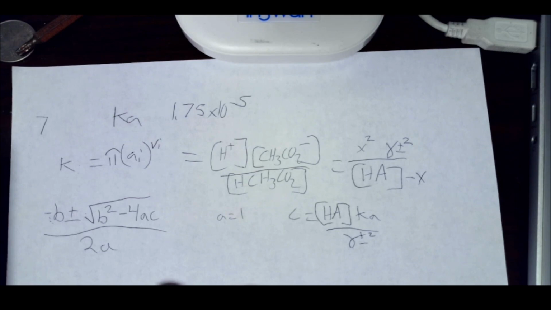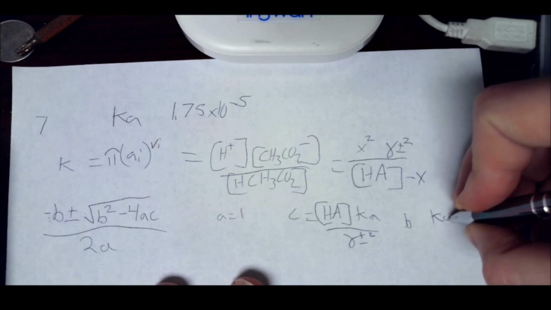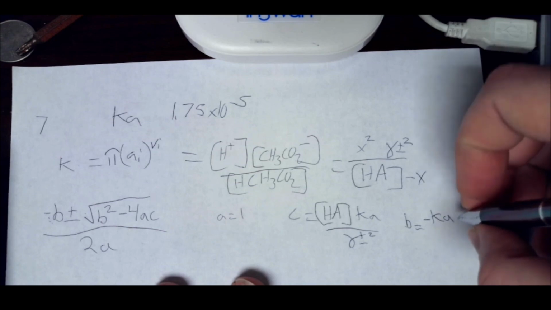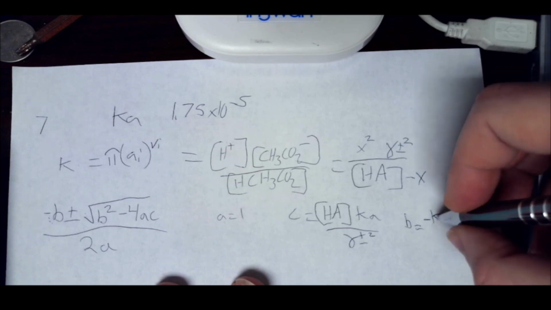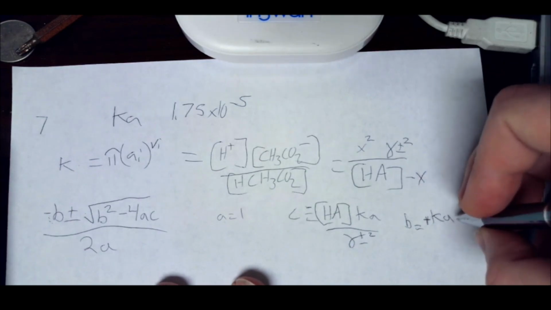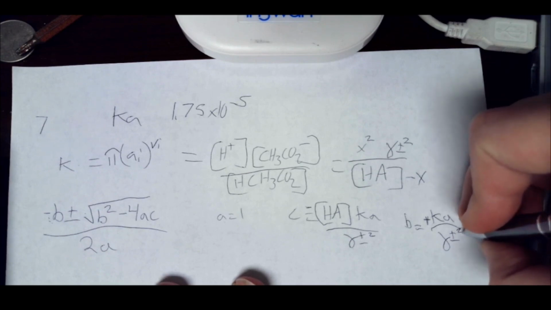Actually, we could leave A as gamma plus or minus squared, with B being Ka. Wait, no, C is the negative, and B being Ka divided by gamma plus or minus squared.